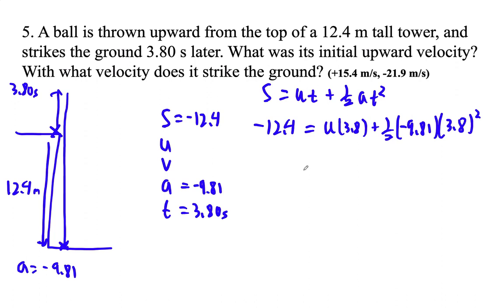So negative 12.4, then I'm going to subtract this whole term: minus 0.5 times negative 9.81 times 3.8 squared, and I get 58.4282 equals u times 3.8, and then of course u is just that divided by 3.8.